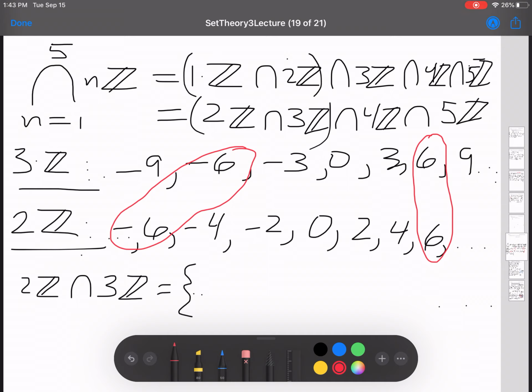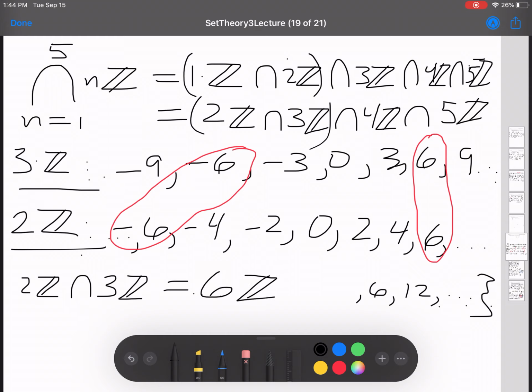But let's see, all right, so you'll see that this is multiples of 6. Right, so really, this is 6z.